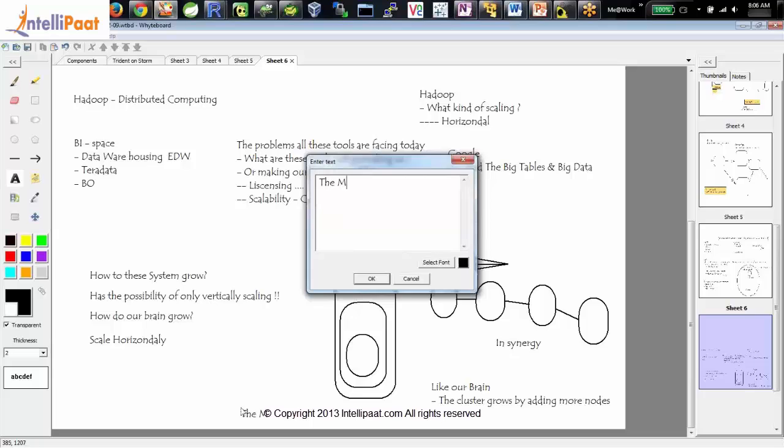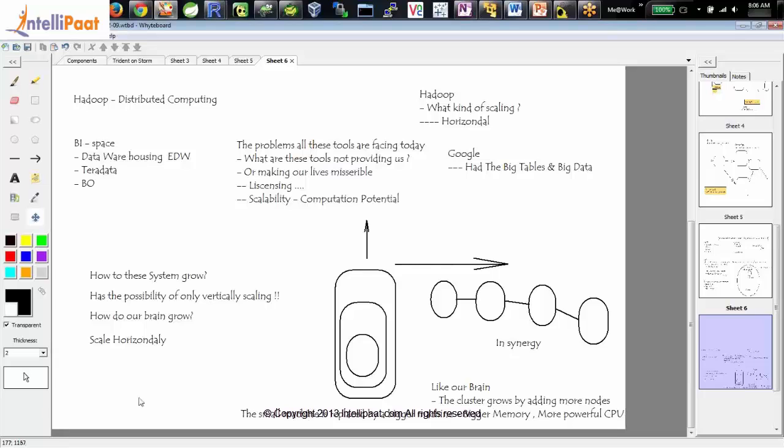In vertical, the machine is a bigger machine, with bigger memory, more powerful CPU, etc. So the cluster grows by adding more nodes.